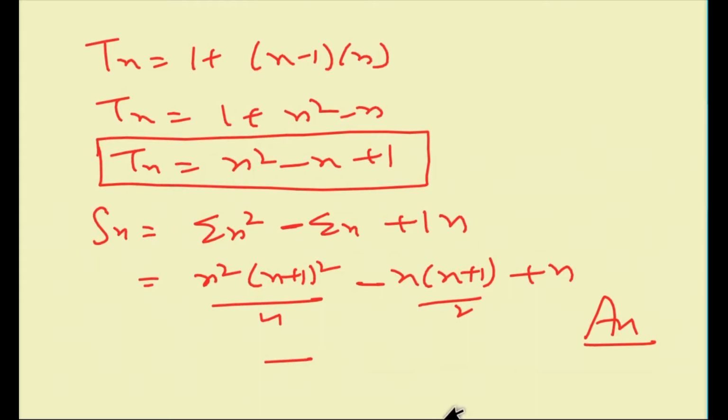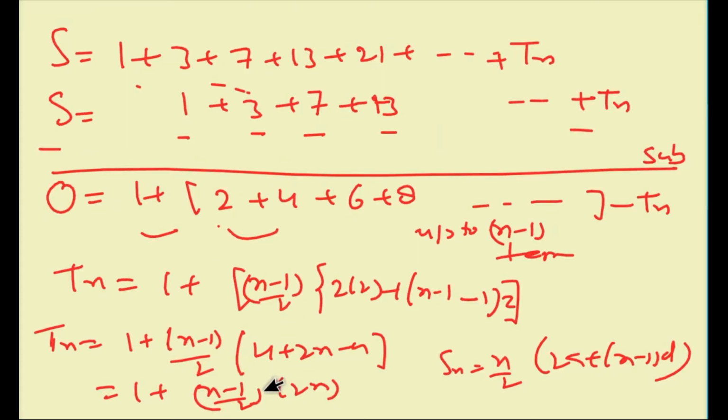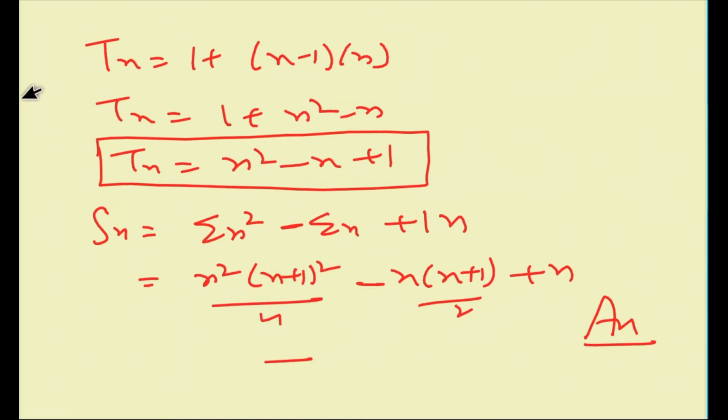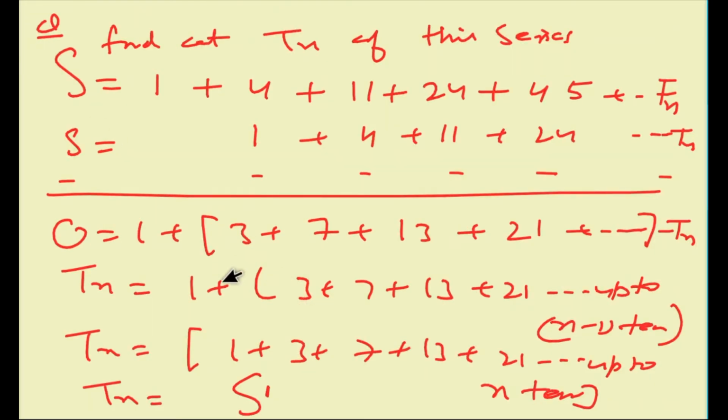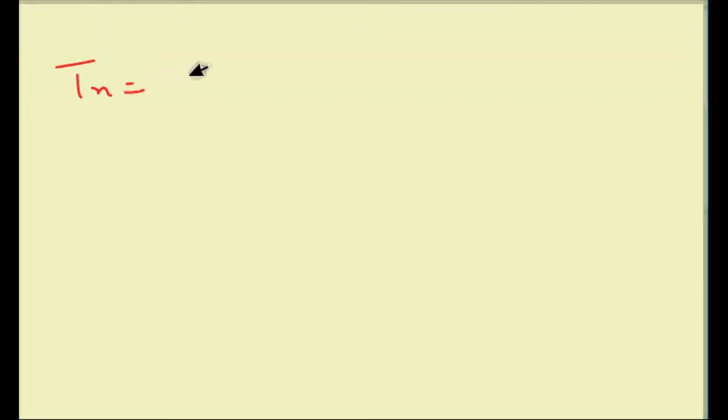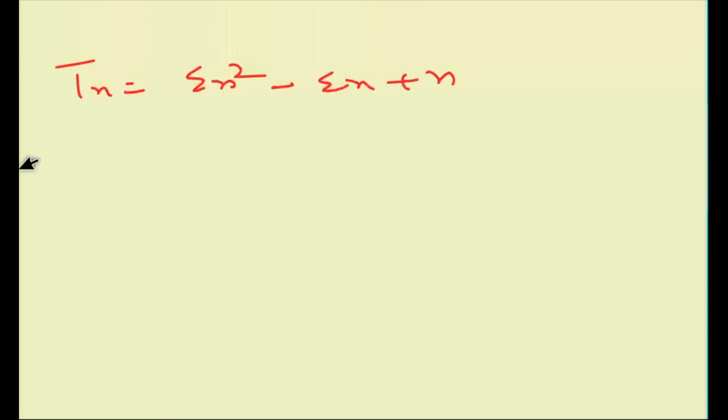Then we can put here this sum, then we can find the answer of this. Okay, so using this we can write directly here: Tn equal to sigma n square minus sigma n plus n.